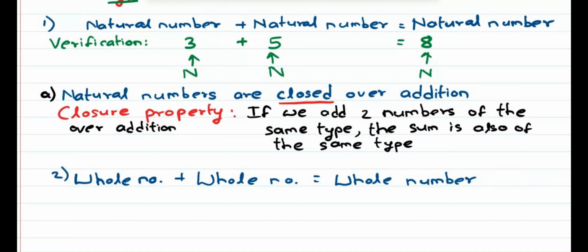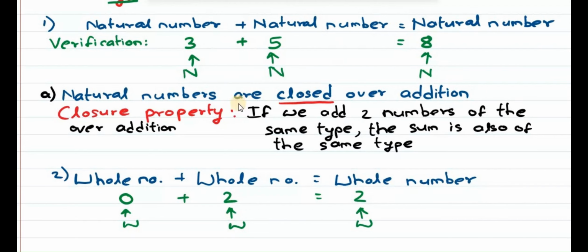So we know closure property over addition. So let us pick some whole numbers. What is the difference between natural numbers and whole numbers? Whole number starts from 0. So it has one extra digit. Let us use that. Let me use a 0 here and say 2. 0 plus 2 is 2. And definitely this is a whole number, and this is also a whole number, and this is also a whole number.